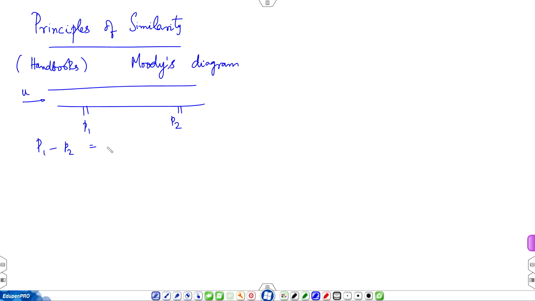Let us give it a symbol delta P. So, the question is, how can this data generated on a lab scale by an individual be used by somebody else somewhere else at some other point of time? That person may have a different fluid, may have a different diameter. So, this is where principles of similarity become very helpful.